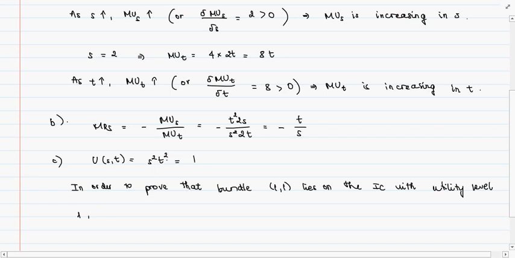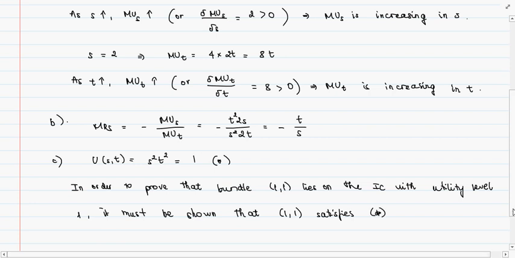Because any bundle satisfying this equation is going to be on the indifference curve with a utility level of 1, because we equate the utility level to 1. It must be shown that bundle 1 and 1 satisfies equation star over here.